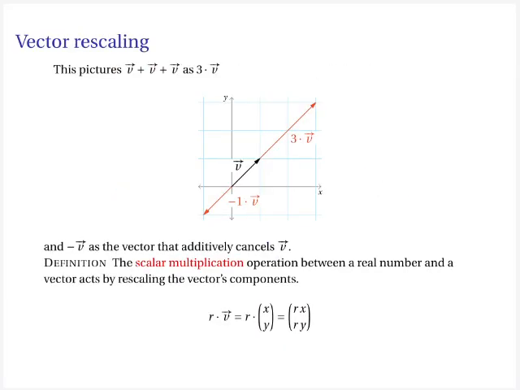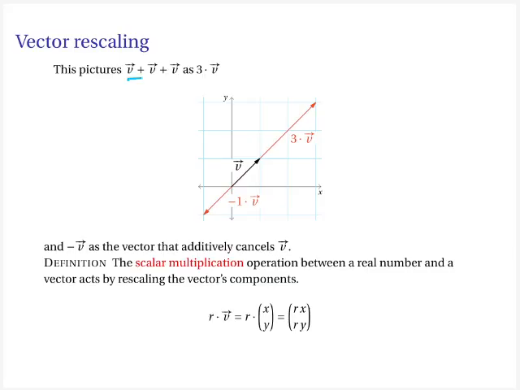Now that I can add a vector, I could take vector v plus v plus v, and it would be natural to call that 3 times v. It would also be natural to call minus v the vector that additively cancels v, so that if I took v plus minus v, I'd end up at 0. So the scalar multiplication operation between a real number and a vector acts by rescaling the vector's components.